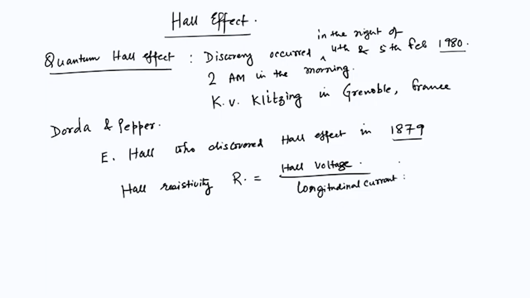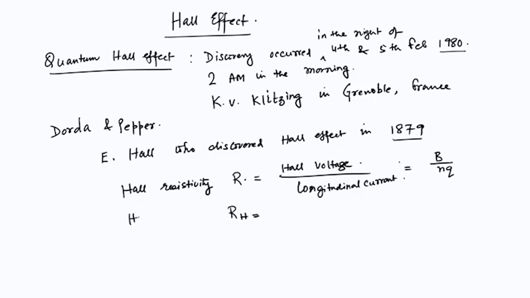And in fact, a more familiar quantity is known as RH. This is found to be like B over NQ, where B is the magnetic field and N is the density of the carriers and Q is the charge of the carriers, which of course we know that they are electrons.